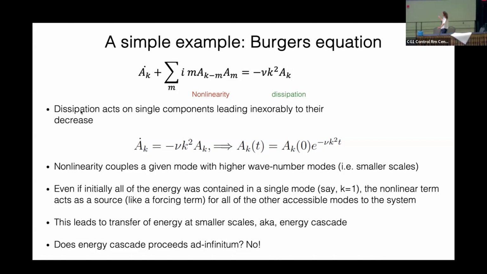So again, here it's clear that the dissipation acts on a single wave number, okay? You start with a given wave number and you end with that same wave number, okay? And the time over which it decays depends on viscosity, okay? And it depends on the scale. And it's faster the higher the wave number. It goes as k squared. So the smaller your scale, the faster it dissipates.